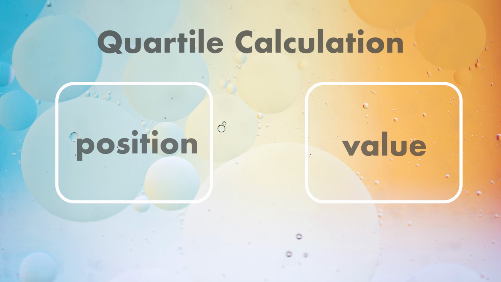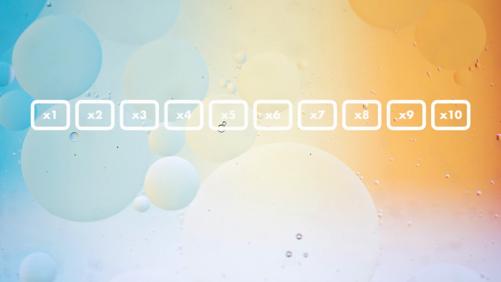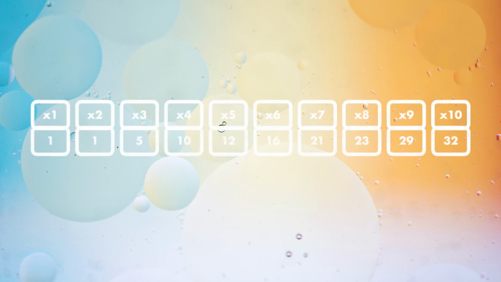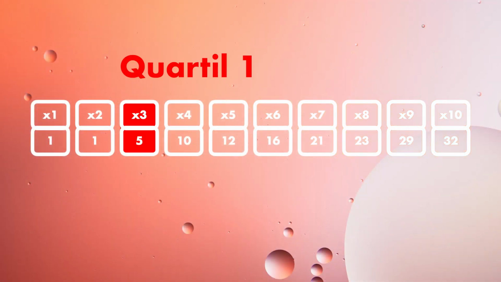Importantly, when the quartile coincides with an element of the dataset, we say that its position is an integer value. In that case, the quartile value is immediate. For example, for the initial dataset with 10 elements, the position of the second quartile is at position 3, so it's the value of 5.